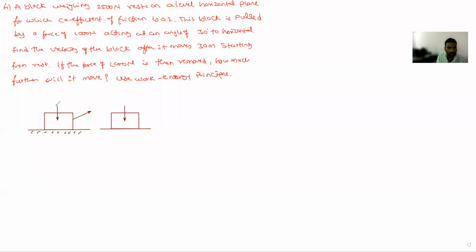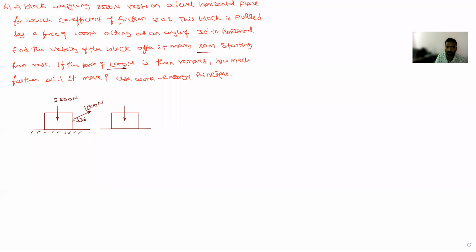So its weight is 2500 Newton. A 1000 Newton force is applied at an angle of 30 degree with the horizontal. After moving a distance of 30 meter, the 1000 Newton is removed and it will rest after some time.